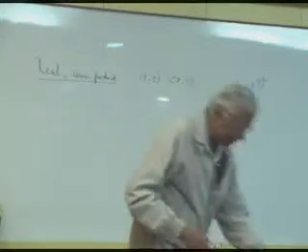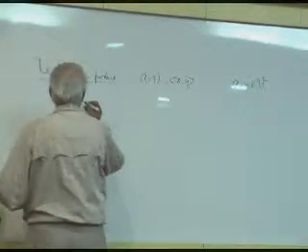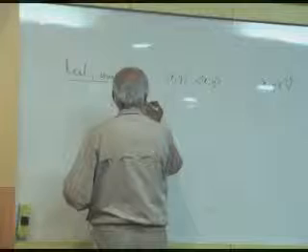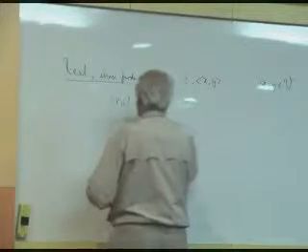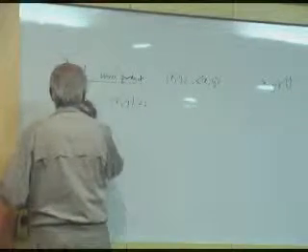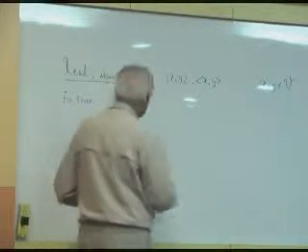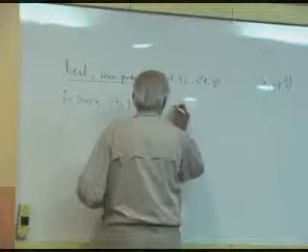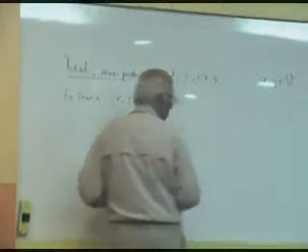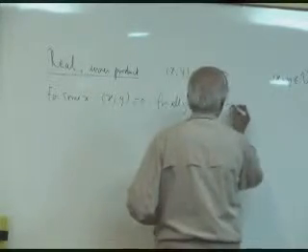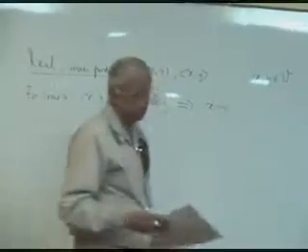Next comes property number 3, the non-degeneracy. This is a very important and somewhat subtle idea. Supposing for some vector x, this inner product x with y is 0 for all y, then this can happen only if x is a 0 vector.